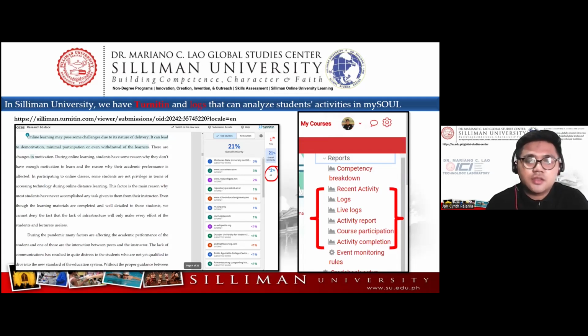What is this? This is actually to make sure that you do your own work in school, just to really check, right? Let's Turnitin.